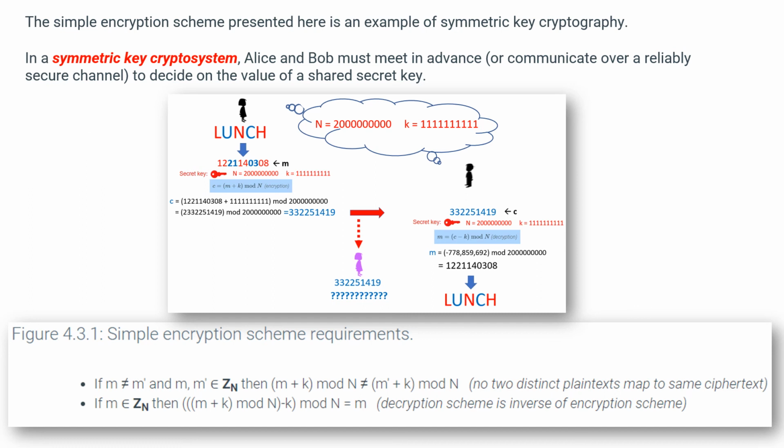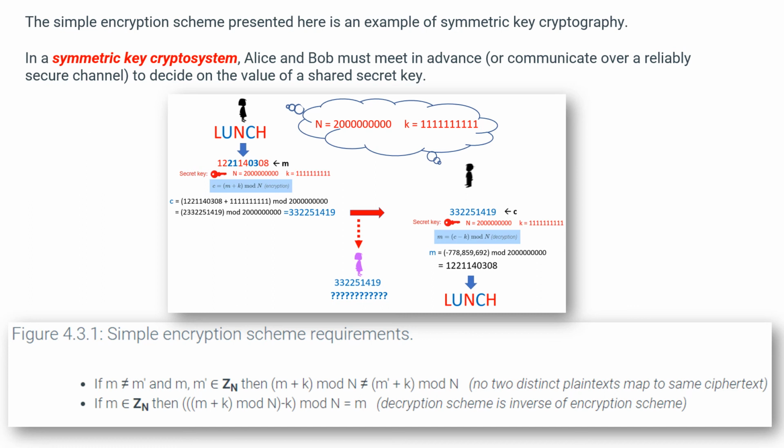Okay, so the requirements are here. This is just some simple encryption scheme requirements. Basically, don't worry too much about this. We're not going to need to use it too much, but it's just saying that no two distinct plain texts map to the same ciphertext, and that the decryption scheme is the inverse of the encryption scheme.